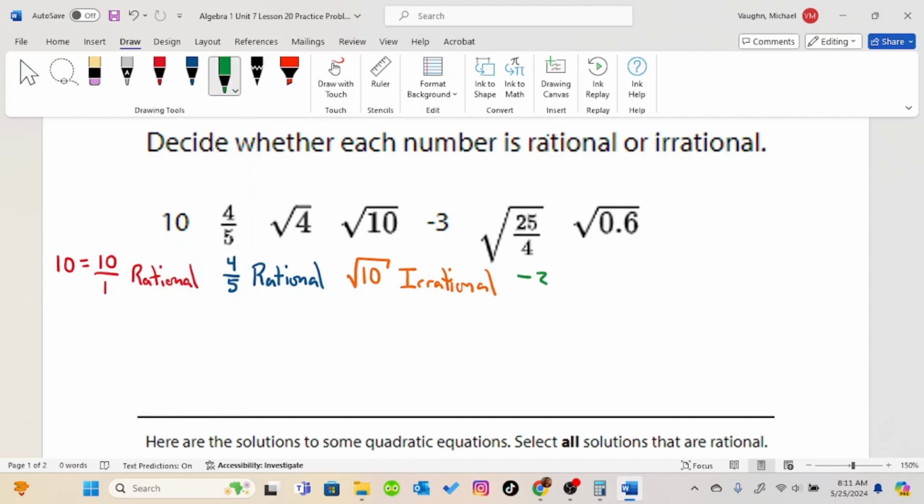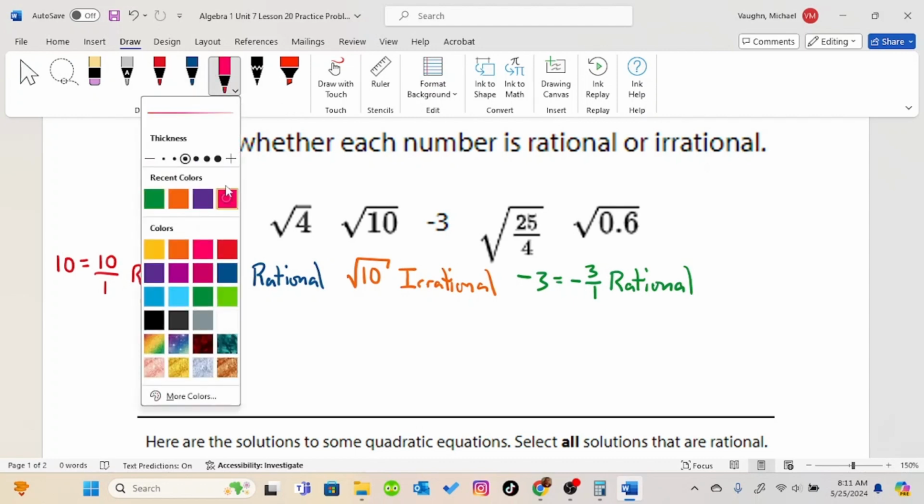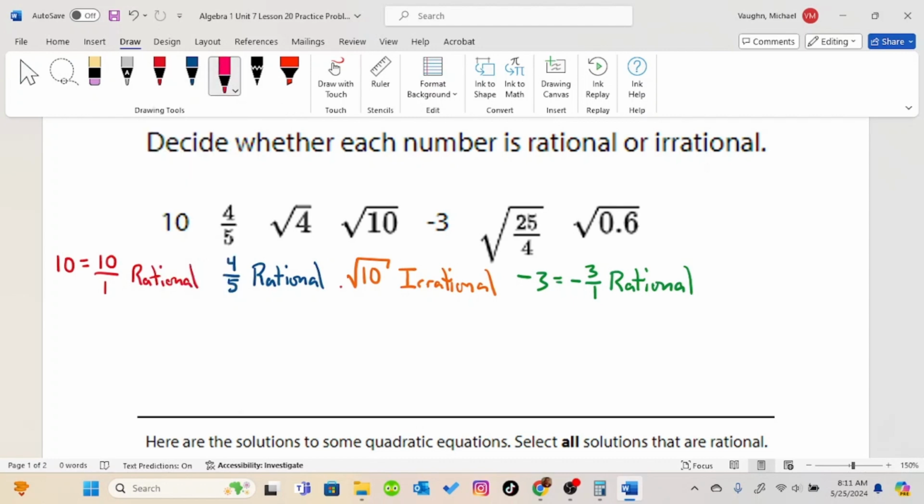Next, we have negative 3. Negative 3 can be written as negative 3 over 1. And since I can write this as a whole number fraction, this is a rational number. Next, we have the square root of 25 over 4.